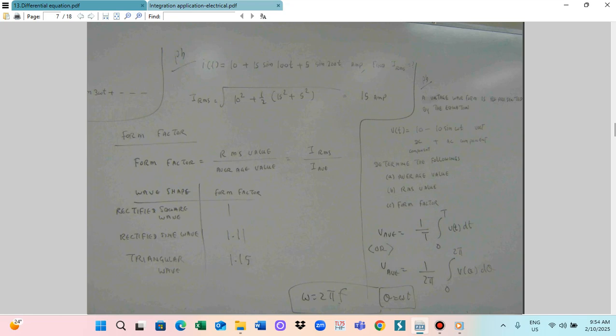The form factors are different depending on the kind of waveform. For a rectified square wave, the form factor is 1; for a rectified sine wave, the form factor is 1.11; and for a triangular wave, the form factor is 1.15.